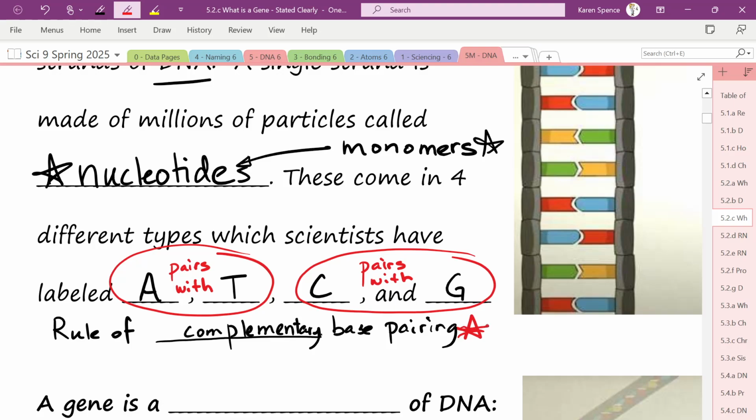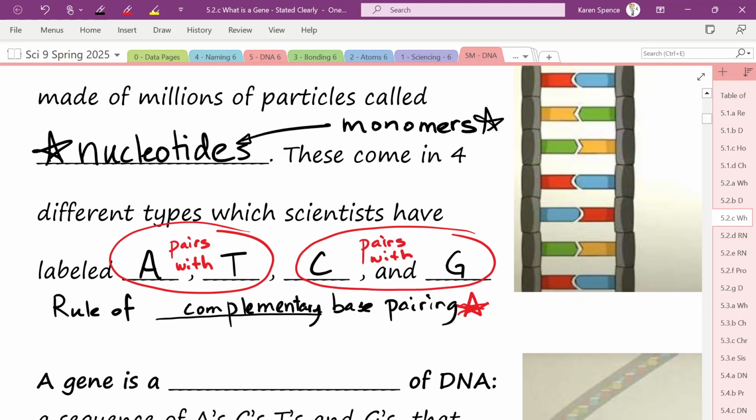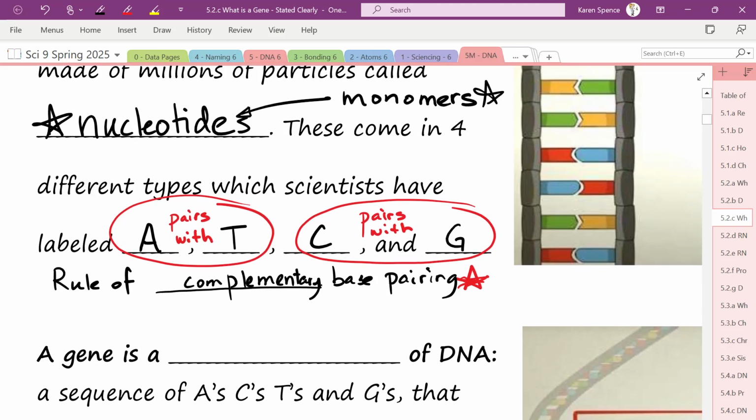And remember, when I put stars, those are things that we could ask about on a quiz, which I think will take place on Wednesday. Well, I could do it tomorrow. You want tomorrow? No. We're going to have another quiz by Friday. Oh, yeah.